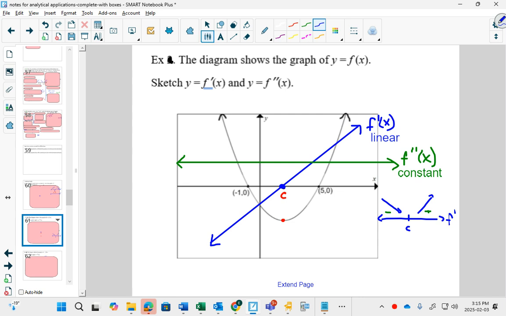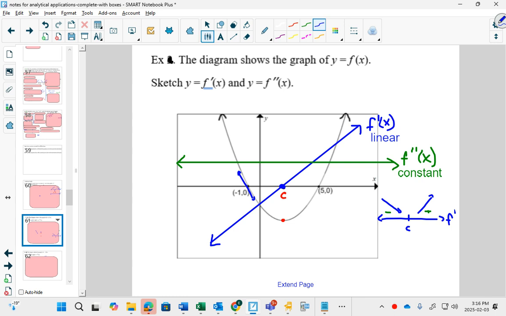So once I've got that point C, this part has to be negative and this part has to be positive. And we can actually think about this. If you wanted to actually get correct values, for example, at -1, 0, I could, to the best of my ability, draw a tangent line.